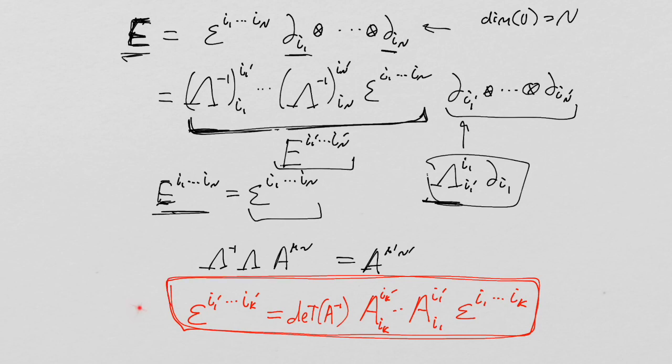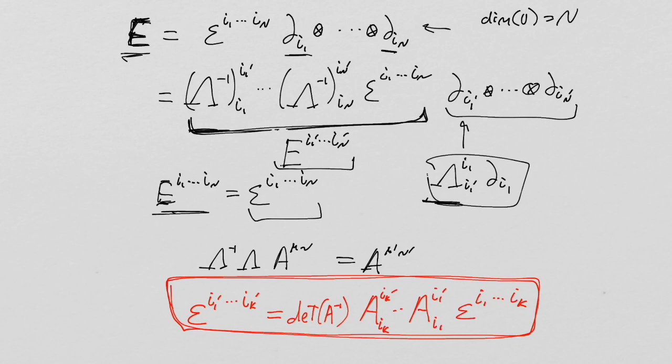Now, it is true that the Levi-Civita symbol in the prime coordinates actually equals the Levi-Civita symbol in the unprimed coordinates driven through the transformation by A, as long as, when I'm all done with it, I multiply by the determinant of A inverse, right? So this is an actual relationship. I may have covered this in my section on determinants.